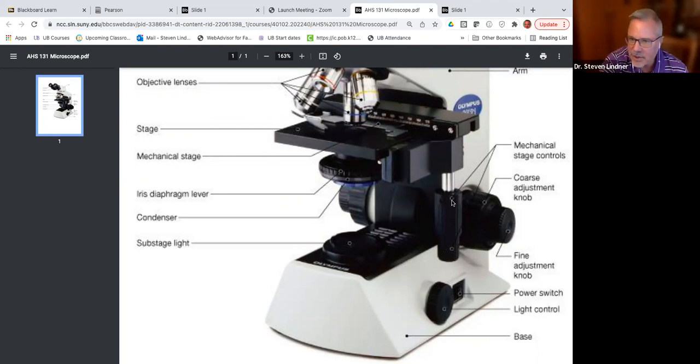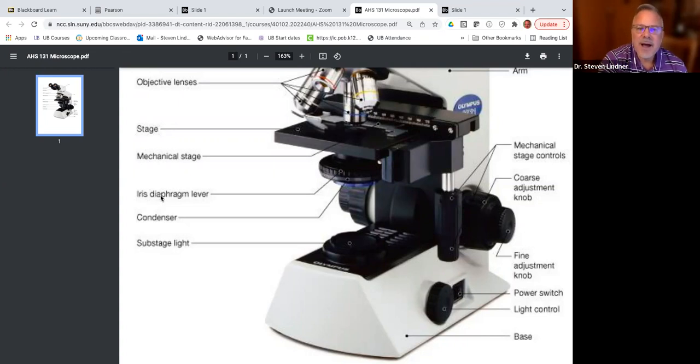And I'm not going to test you on which one goes forward, backward, left, and right. I just want you to know that you have the coarse and fine adjustment knobs that bring the stage up and down. And then moving it left, right, forward, or backward are the mechanical stage controls.